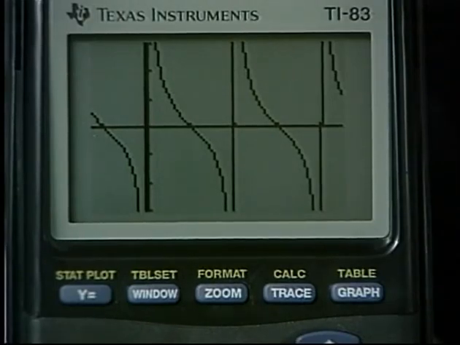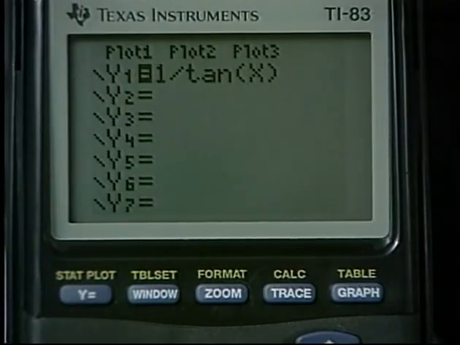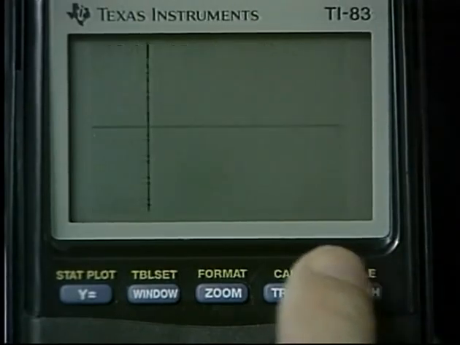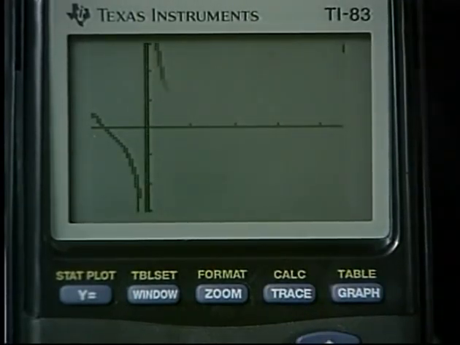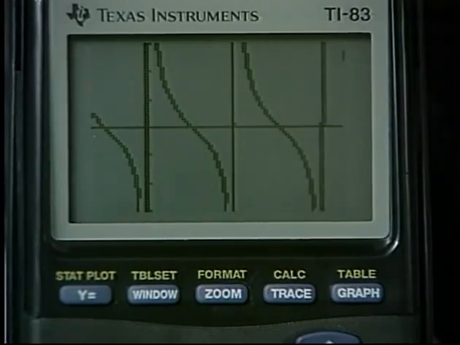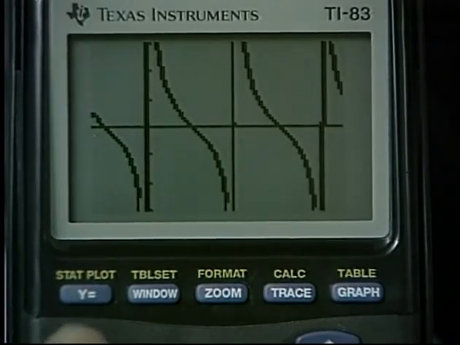Let's do something here. Let's go back to y equals, and let me make this graph with a thick line. Now I'm going to press enter here until I arrive at the thick line. Here it is, and the graph then will have this thick line appearance. Now in using this, I can compare this with the tangent graph.